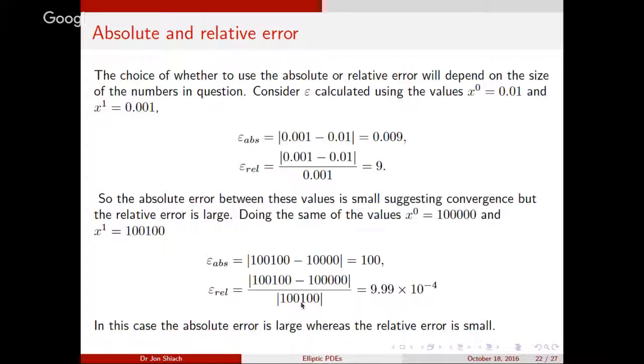Even though the difference between these two is 100, relatively speaking, it's small. So the choice of whether you use absolute error or relative error will totally depend on what numbers you have. If you've got small numbers, you might be better off using absolute error. If you've got large numbers, you might be better off using relative error. That's something you've got to decide upon.